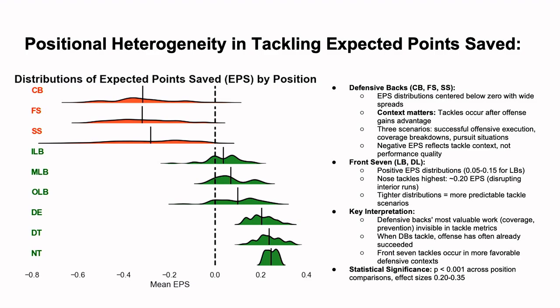And so there's three scenarios: one is successful offensive execution, as well as competitive coverage breakdowns and pursuit situations. We see the front seven, which are these green, have much more positive values. And so the key information here is that for defensive backs, most value comes from before they tackle. So it comes from coverage as well as preventing the gain on the play.